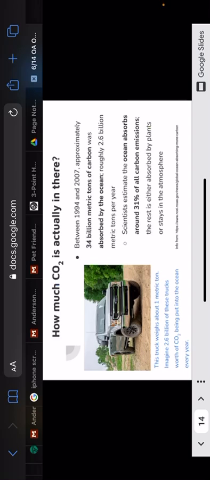This picture of a pickup truck on the left-hand side is a 1-ton pickup truck. So you'd need 2.6 billion of those pickup trucks to be tossed into the ocean to show about the same amount in mass of how much carbon is being absorbed by the ocean each year. 2.6 billion. That's quite a bit.